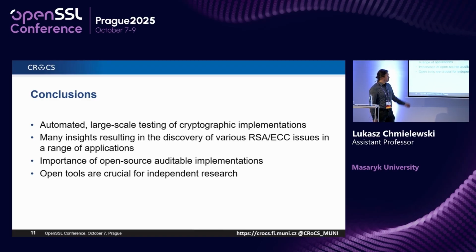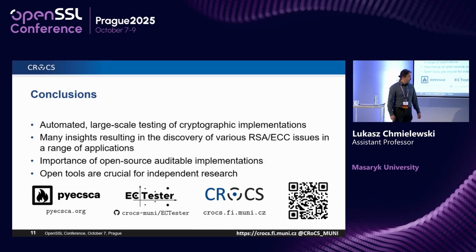Again, I would like to underline the importance of open source and auditable implementations, especially in the certification context, and the importance of open source tooling for this sort of research. So here are some links to the tools that we are developing and using, and to the website of our group with the QR code, if you are curious to have a look at any of these tools.